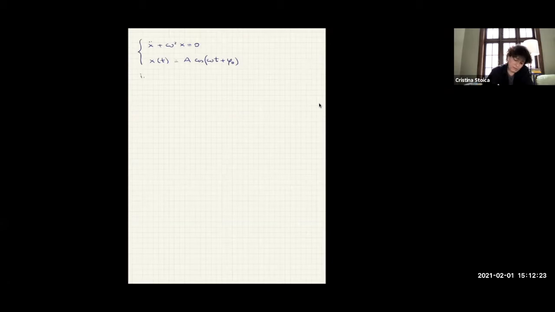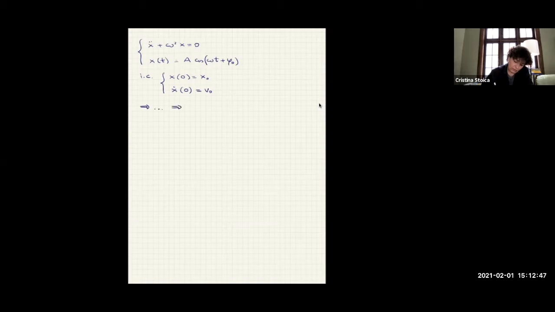So let's put some initial conditions. Let's say x(0), call it x0, is given. And then x dot(0), the initial velocity, let's say is v naught. Now, if we do this and calculate what A and phi naught are, I'm going to let you do this.